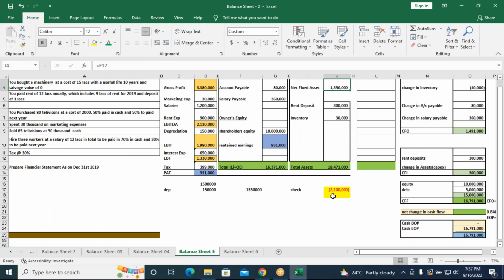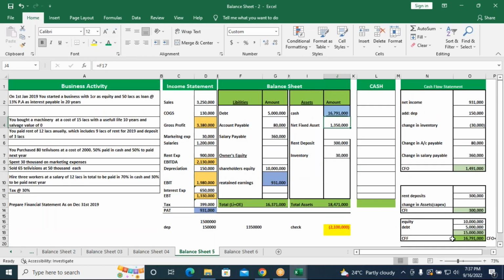So still 2 lakh rupees is coming as the difference. So girls, see where anything has gone wrong. So this 1 lakh depreciation, 1 lakh 50,000, 30,000, account payable is 50,000.